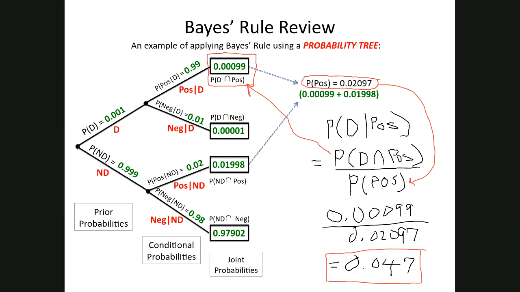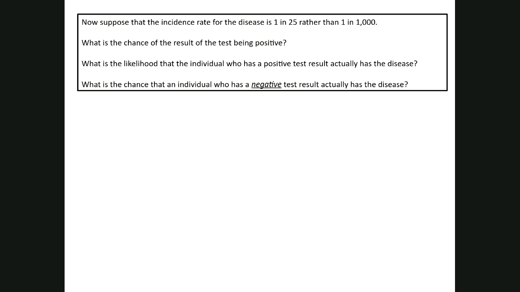But let's go ahead, because we would like that to be higher, and there's a couple of ways to resolve that. Let's look at a different example with slightly different information. So the same situation, but now we're going to suppose that the incident rate is 1 in 25 rather than 1 in 1,000.